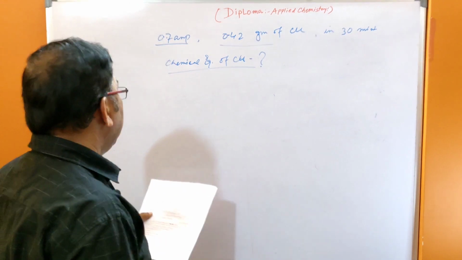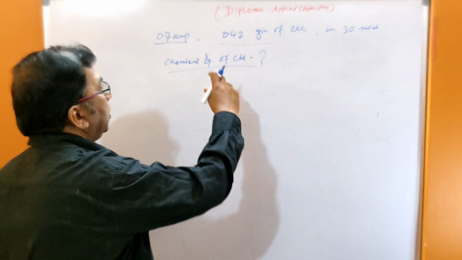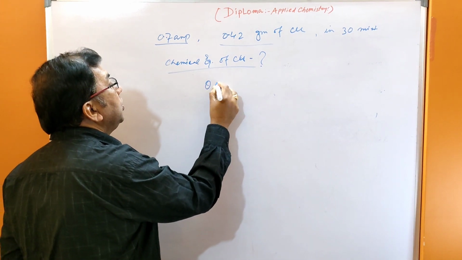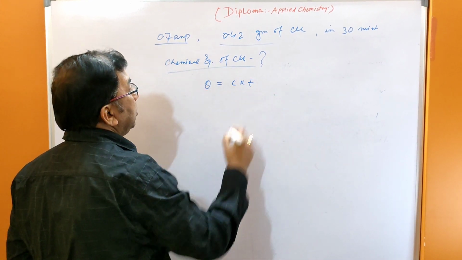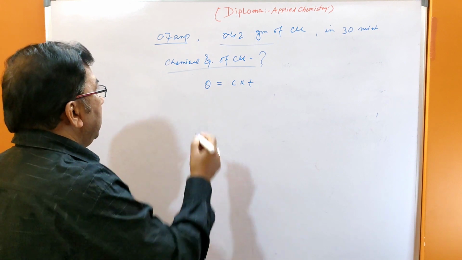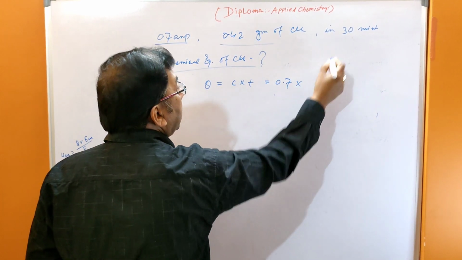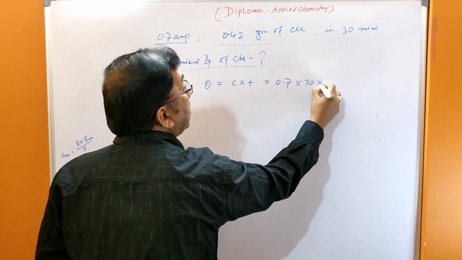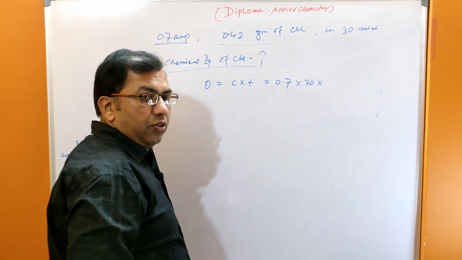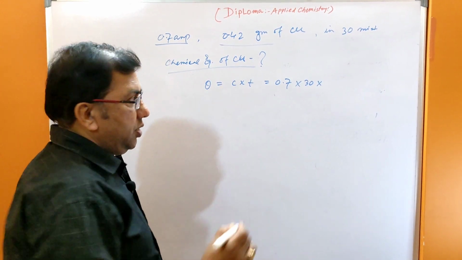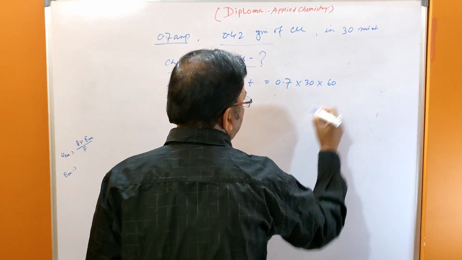Here, what do we know? Q equals C into T. Clear? Current is 0.7 ampere, into T, 30 minutes. The 30 minutes equals what in seconds? You have to find 30 into 60.